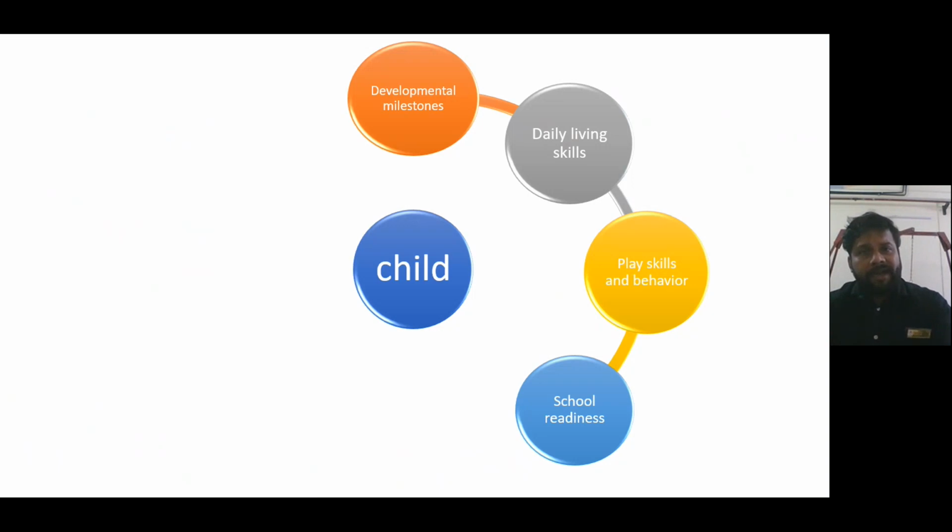So we focus on the child's readiness in terms of fine motor skills and visual perception, looking at the screen to perceive how a letter looks. Sometimes children have some difficulties.